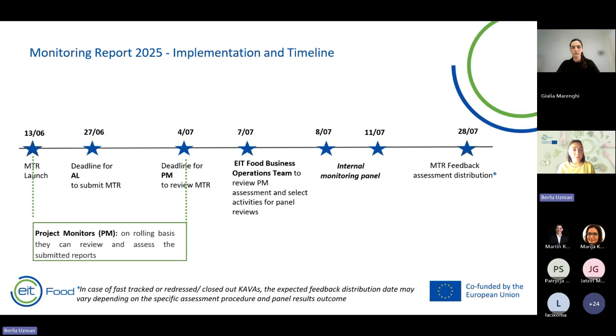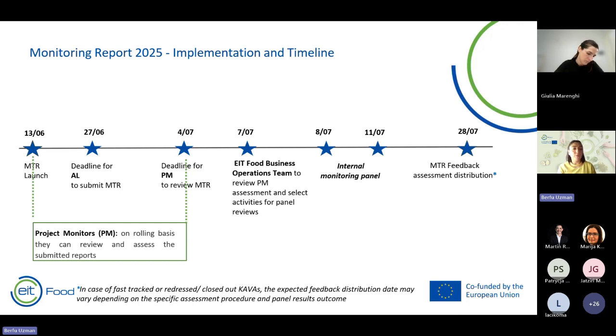Today we launched the MTR process, and the deadline for the activity leaders, whether internal or external, to submit the reporting is 27th of June. Then there will be some time until 4th, and that time is for the program managers, the new name being project monitors, to review the report that the activity leaders have submitted.